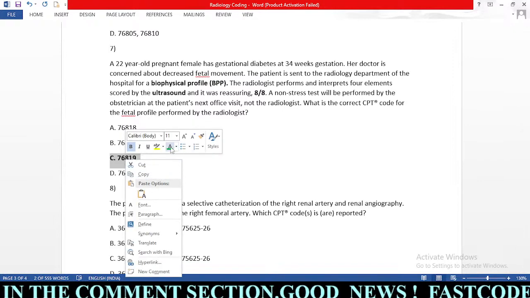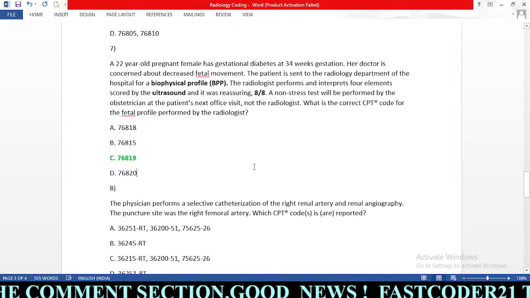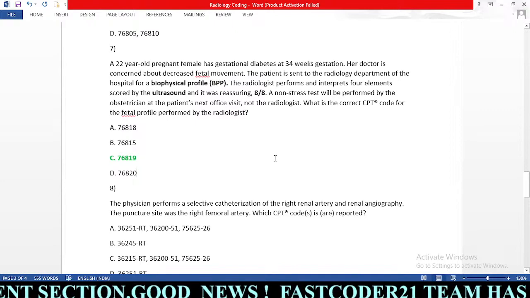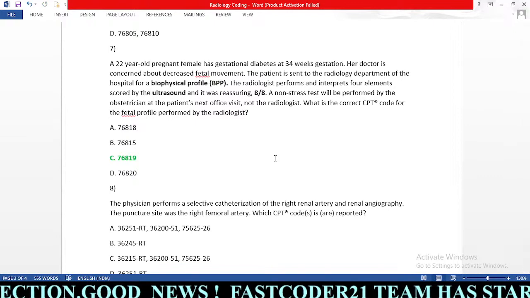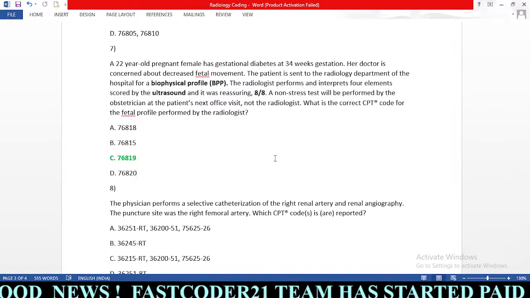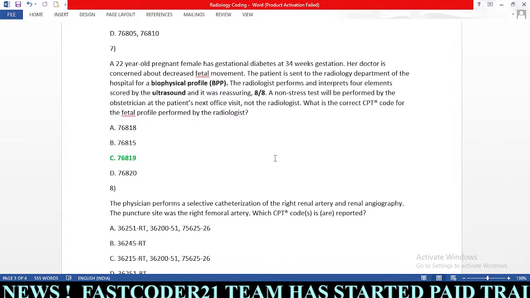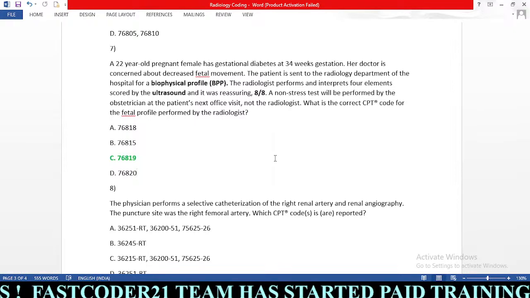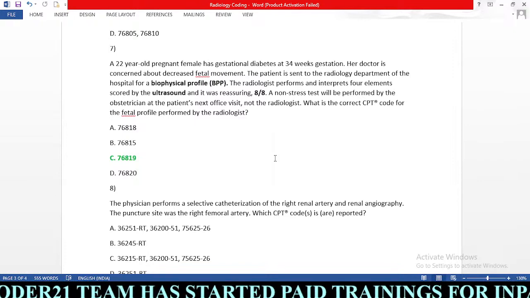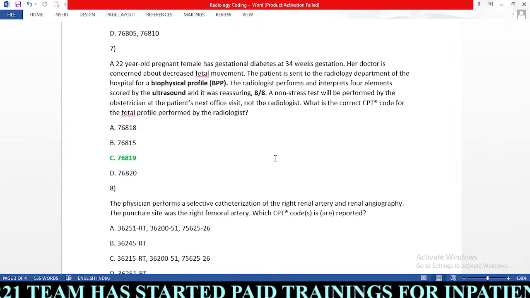You may get confused here, but we need to select 76819 without non-stress testing. 76820 is Doppler velocimetry, which is not performed by the physician. So because of this rationale, our answer is 76819.